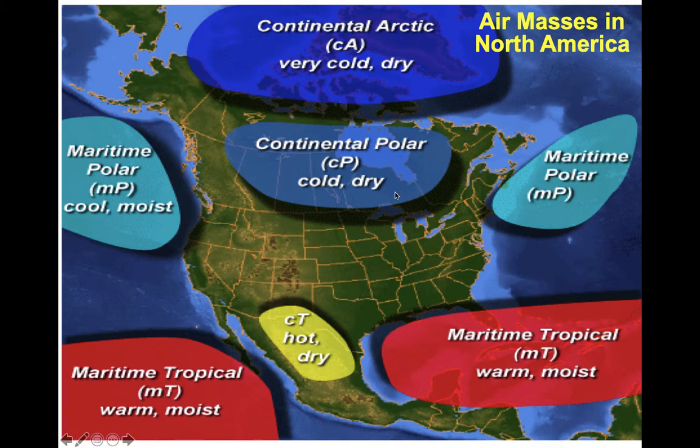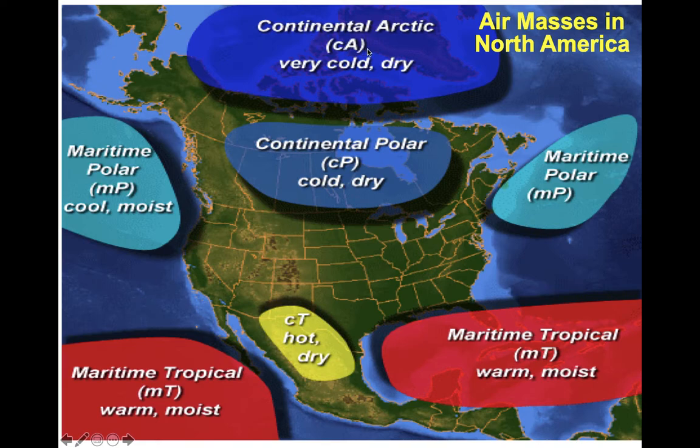Let's take a look at air masses in North America. We have 8 air masses actually, and some of them are generated over the land, and some of them are generated over the oceans, but both affect the climate, particularly on the continents, but also in the oceans as well.